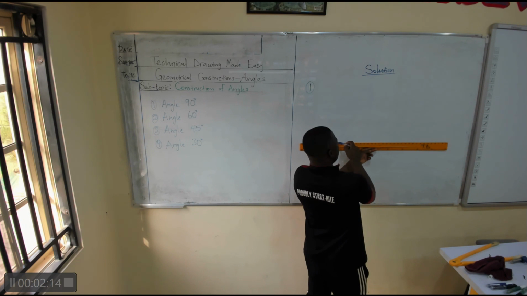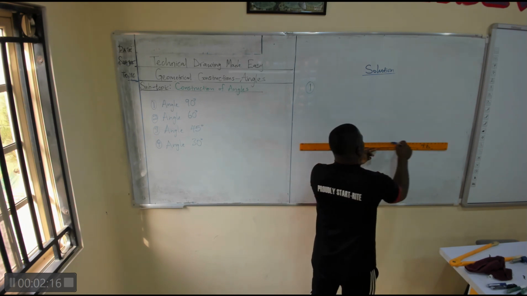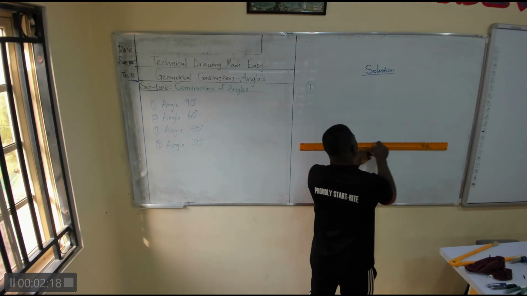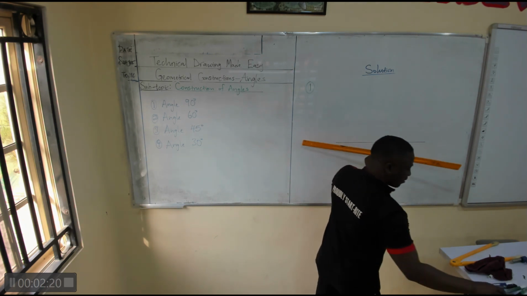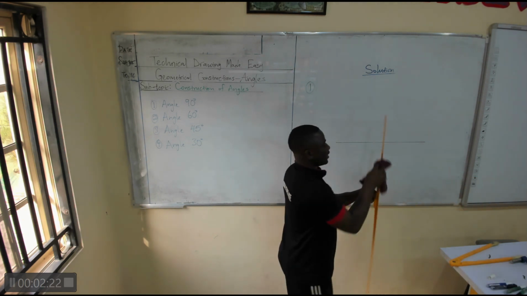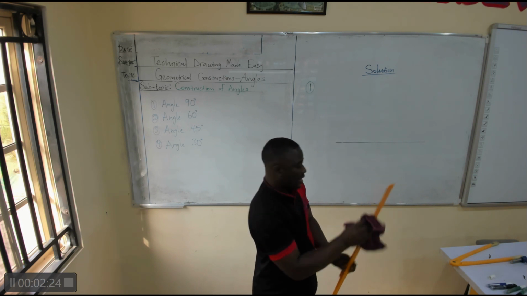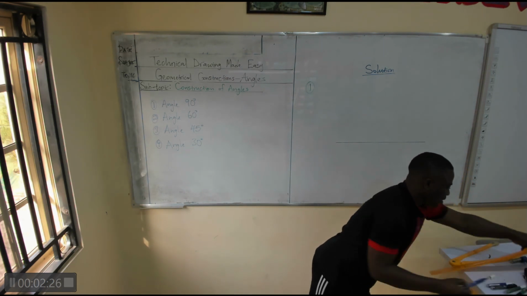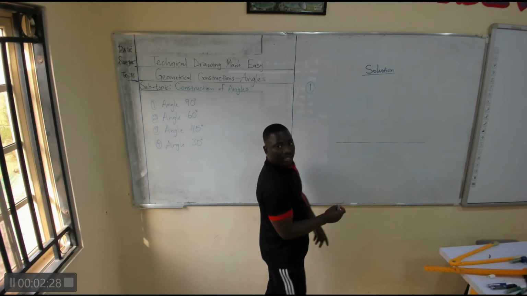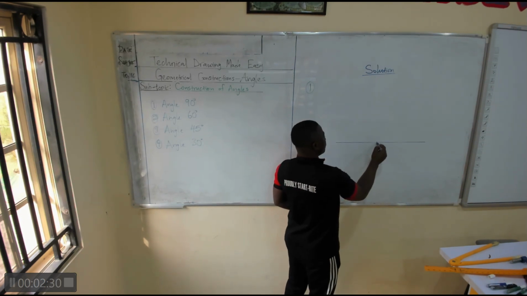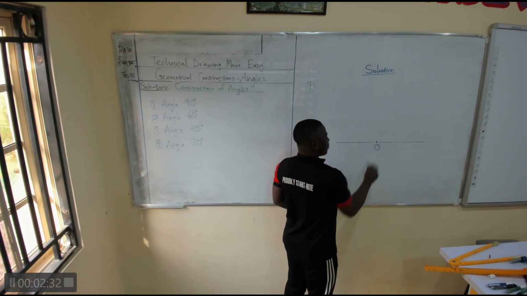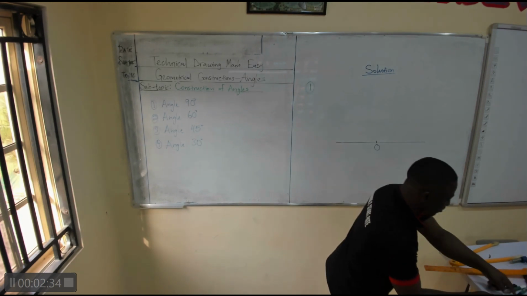Remember, every construction starts from a horizontal line. So draw a line. On the line, you pick a point where you want your angle to be. You call the point O, for example.